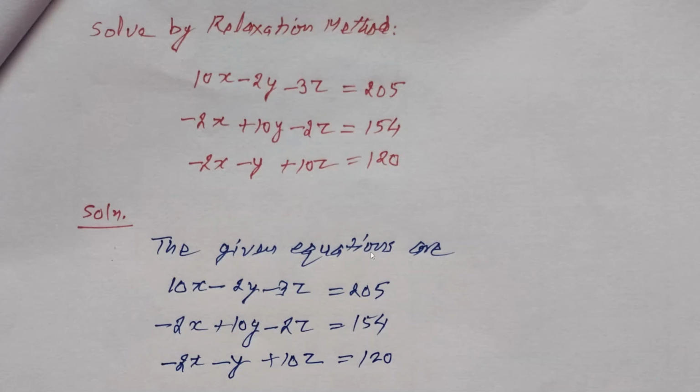The given equations are 10x minus 2y minus 3z equal to 205, minus 2x plus 10y minus 2z equal to 154, minus 2x minus y plus 10z equal to 120.